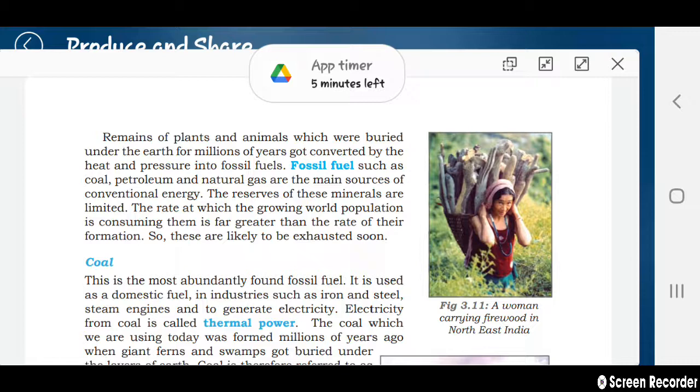The reserves of these minerals are limited. The rate at which the growing world population is consuming them is far greater than the rate of their formation. So they are likely to be exhausted soon.